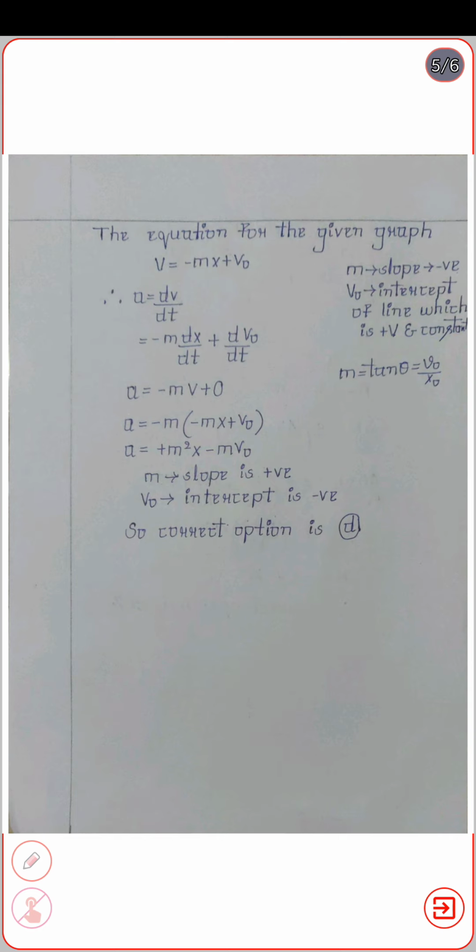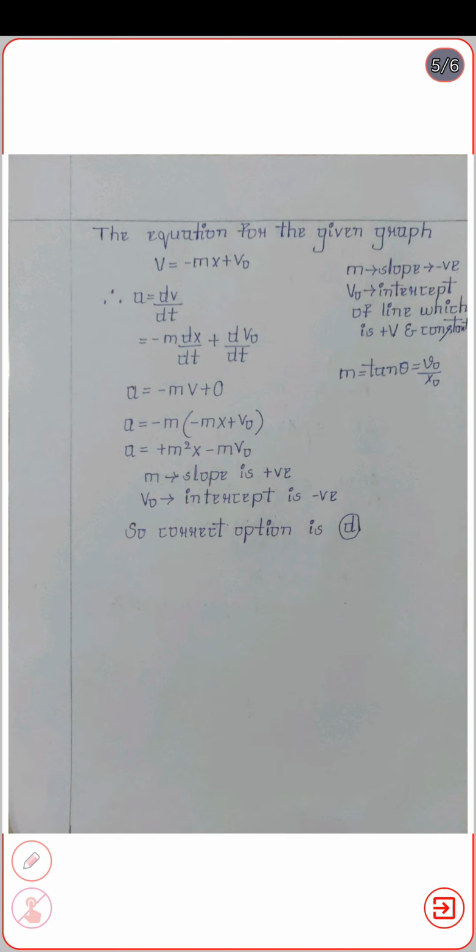So what do we mean by acceleration in terms of dv by dt? We can write a equals dv by dt. So first we take the equation v equals minus mx plus v naught, taken from the given graph, and differentiate with respect to t.